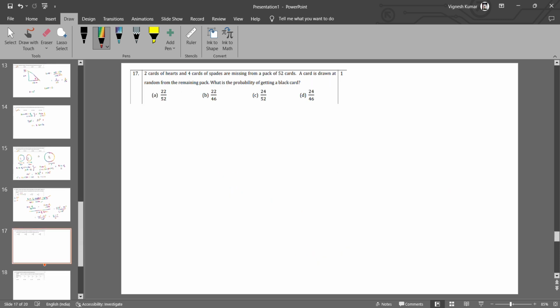Next, 2 cards of hearts and 4 cards of spades are missing from a pack of 52 cards. So we have a pack of 52 cards. As we all know, in this we have 26 black cards and 26 red cards, and in the black cards we have spades and clubs.